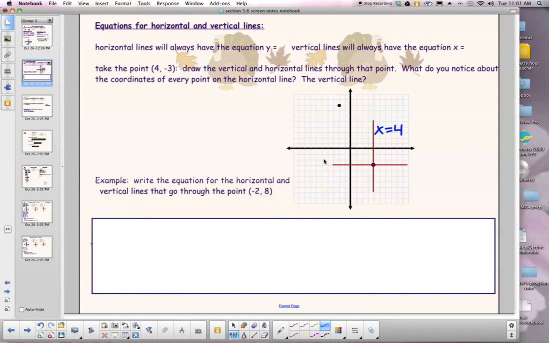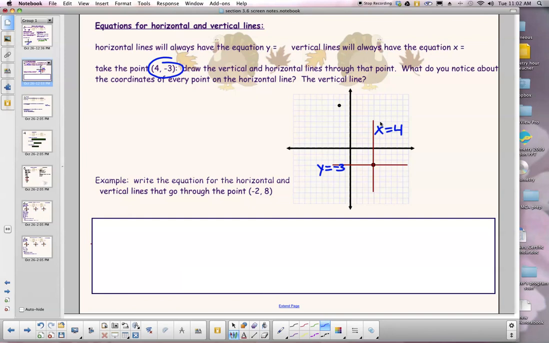As far as my horizontal line goes, horizontal lines are y equals, and that's because they cross the y-axis. So my equation for that line would be y equals, and where does it cross the y-axis? It crosses at -3. So the equation for that line would be y equals -3. Notice that that directly relates to the point itself. Since the point has 4 as its x-coordinate, that means it's going to cross 4 on the x-axis.